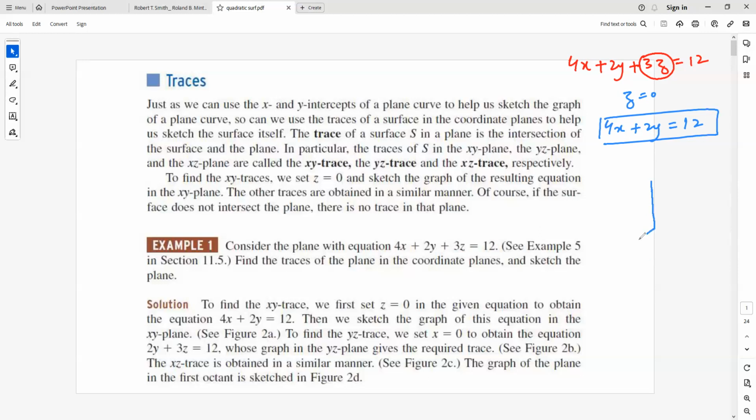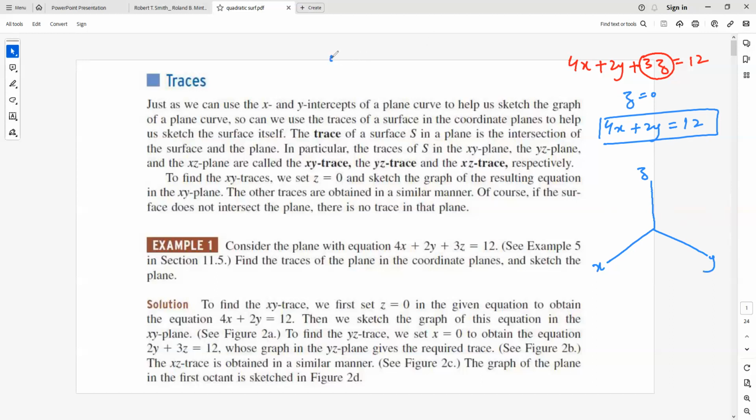So we can see that 4x plus 2y equals 12 is a line on the xy plane, and we can draw it since we have the equation in terms of x and y.